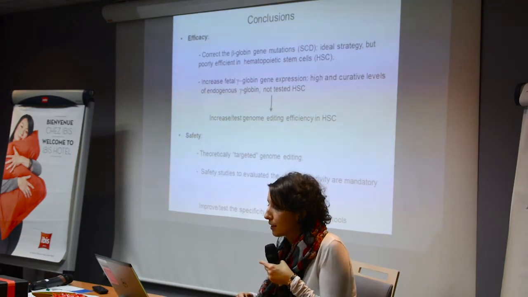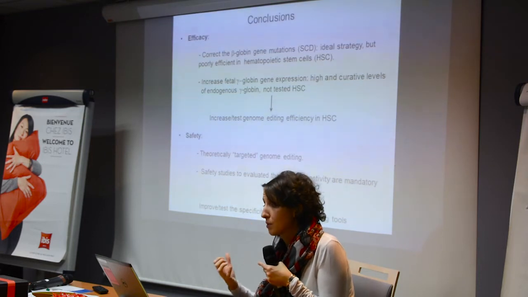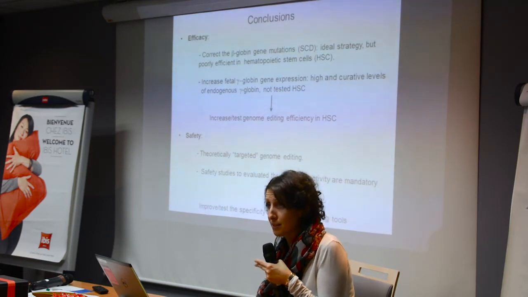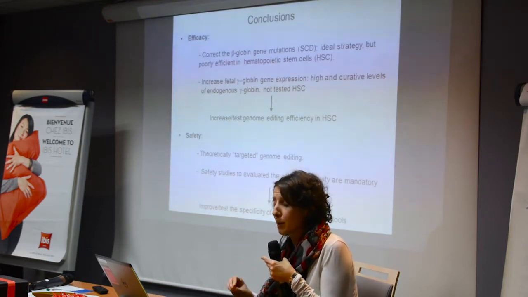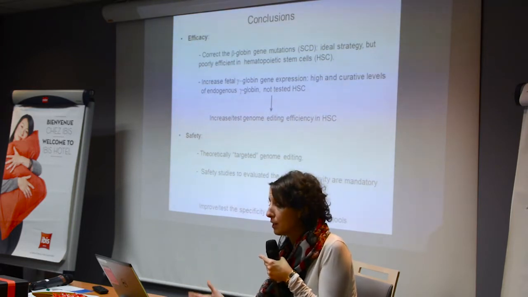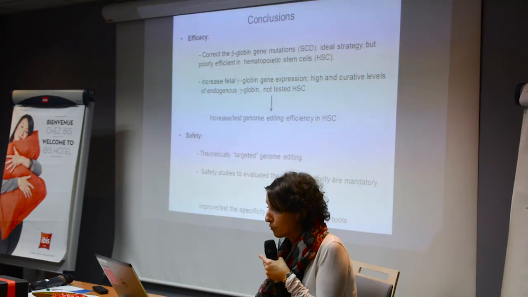Indeed, we show that we can achieve high and curative levels of the endogenous gamma globin gene. Although I have to say that this strategy has not been tested in the active hematopoietic stem cells. So what we have to do now is to improve the efficiency of this genome editing in the hematopoietic stem cells, which are the ones that are long-lasting and will cure the patient. And we will test and improve this genome editing efficiency.